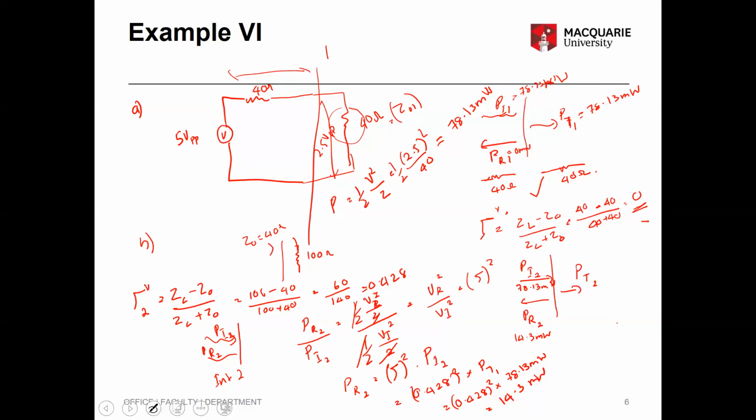Whatever the difference is gets through, which is 78.13 milliwatts minus 14.3 milliwatts. That comes to 63.8 milliwatts. Okay, so that's the answer for part B.